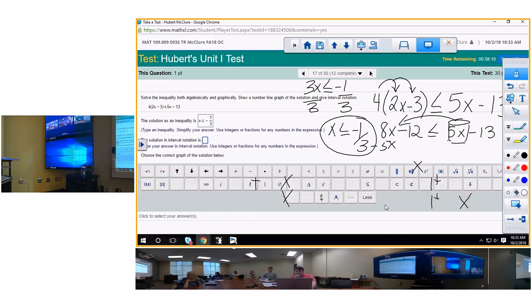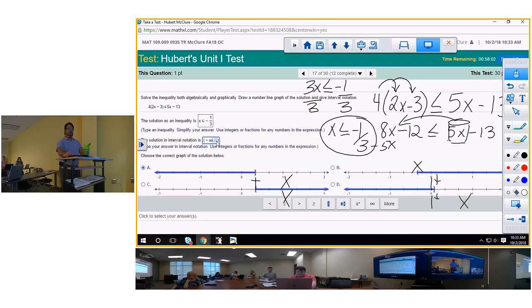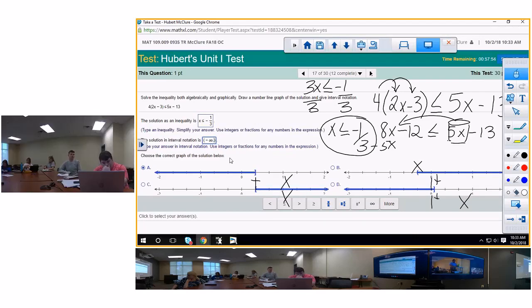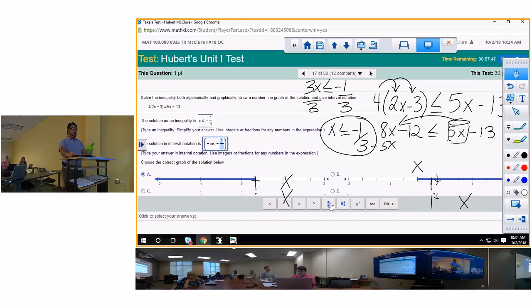Where's the coordinate? I don't see a coordinate. Right here? Okay. Negative infinity, comma, negative 1/3, and negative 1/3 gets a bracket. I'm going to put a negative, and then I'm going to put fraction bar, and then a 1/3, and then I'm going to change that parenthesis to a bracket.